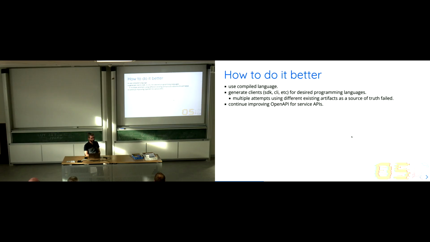On how to do it better, one of the most important things, in my eyes, is to use a compiled language, because Python is simply terribly slow and we can't do anything about that. We have tried literally so many different approaches, nothing worked. You can get some performance improvement with every new Python release, but it's still far away from being acceptable.